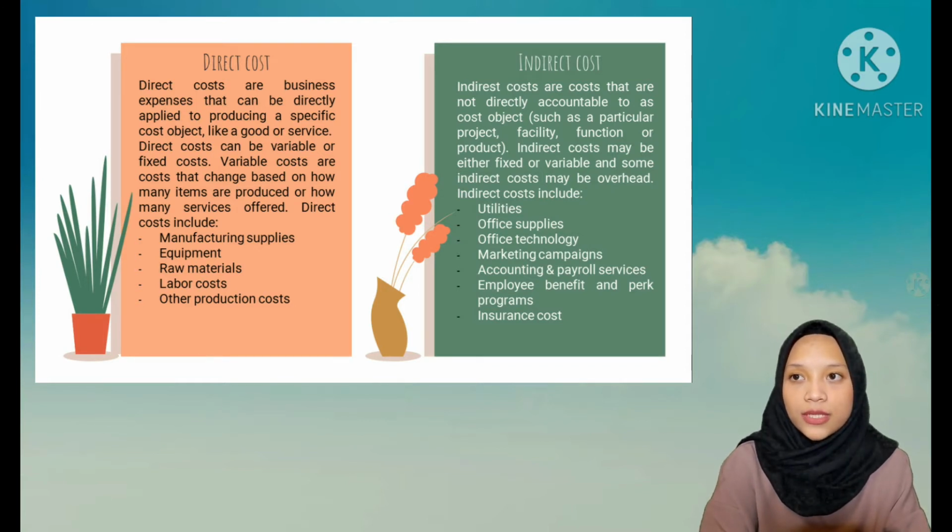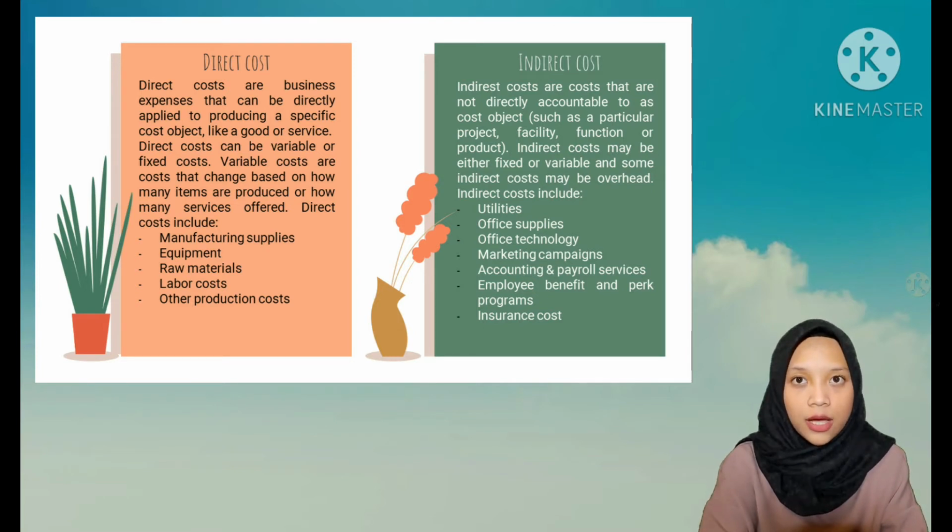Direct costs are business expenses that can be directly applied to producing a specific cost object like good or service. Direct costs can be variable or fixed costs. Direct costs include manufacturer supplies, equipment, raw material, labor costs, and other production costs.